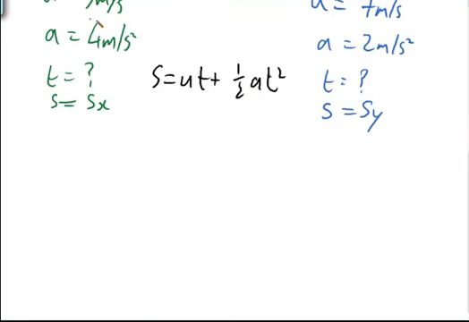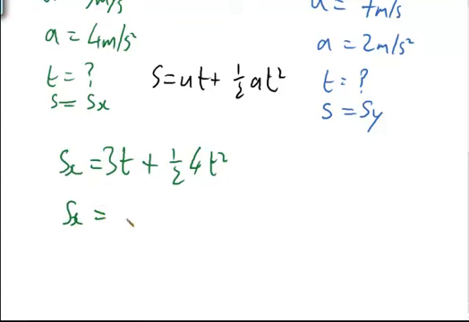So for body x, we have sx is equal to ut, which is 3t, plus 1/2 at squared. A in this case is 4 meters per second squared. So put that in there. We get an expression for the distance that x travels: 3t plus 2t squared.